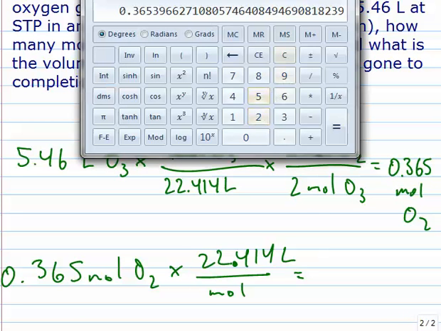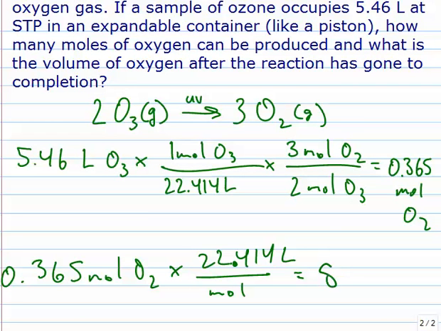So we take this number 0.365 and we multiply it by 22.414 to get our final volume, and we see that our volume increases from 5.46 to 8.19 liters of oxygen, which is really just 5.46 times 3 halves.